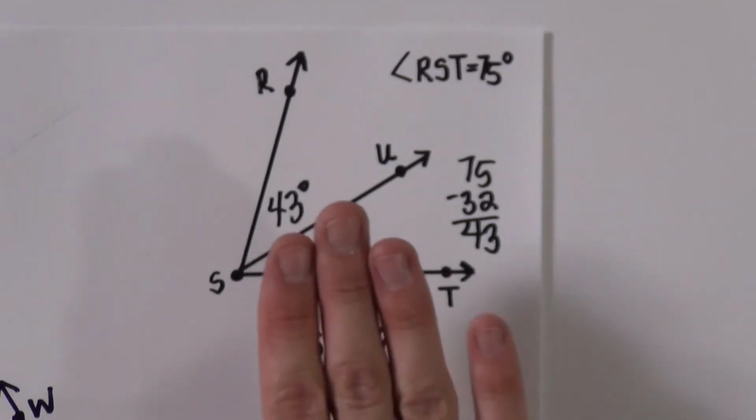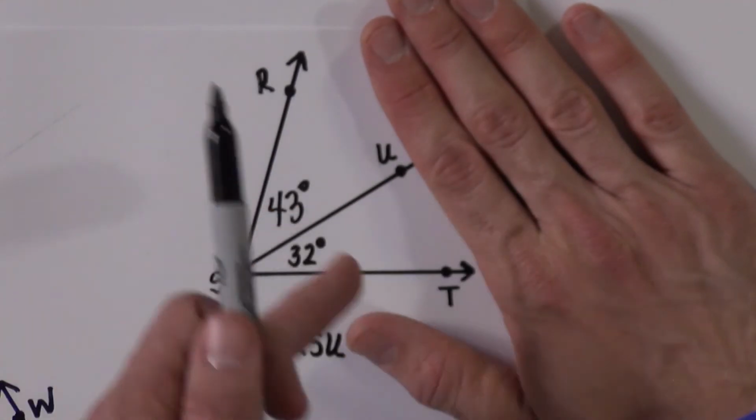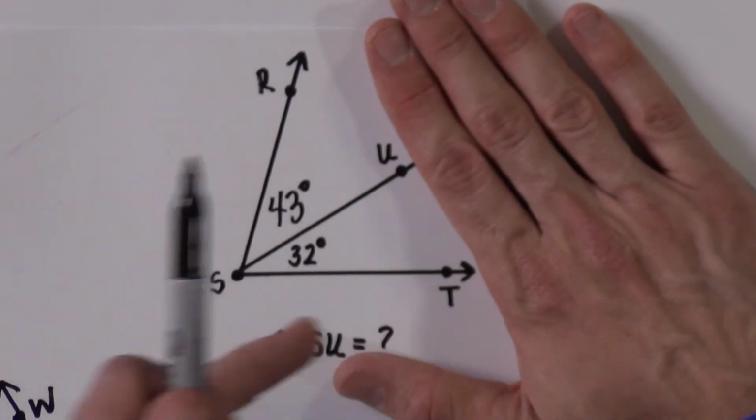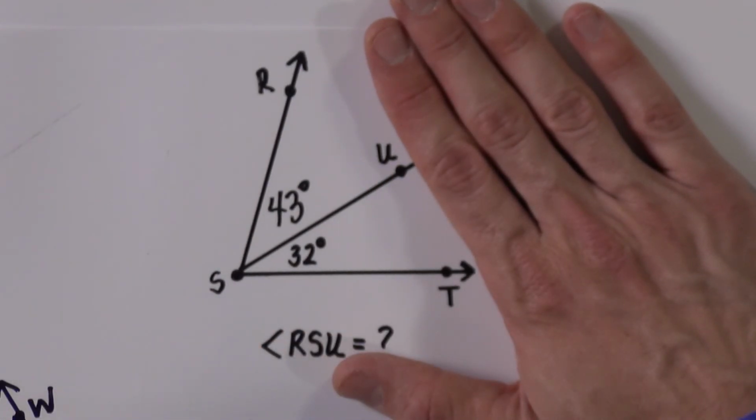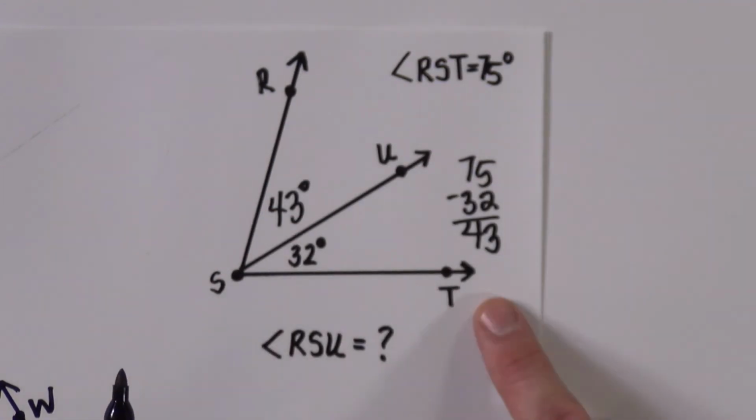So in all of these examples, I showed subtraction for the most part, but students could also just simply be given this. Angle RSU is 43 degrees and angle UST is 32 degrees. And they could add the two angles together and be asked, what is RST?